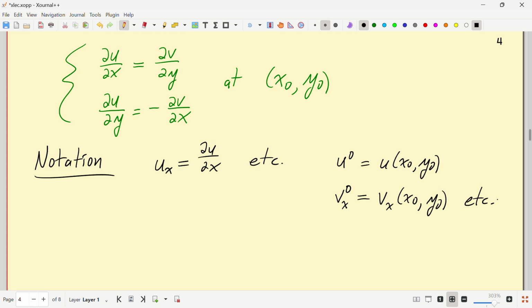So I'm going to prove now this Cauchy-Riemann fact. Questions about anything so far?